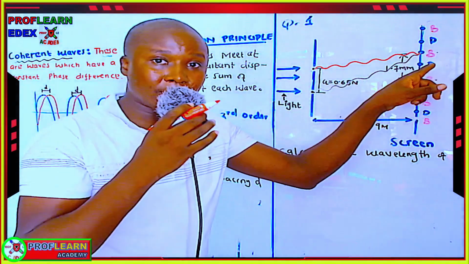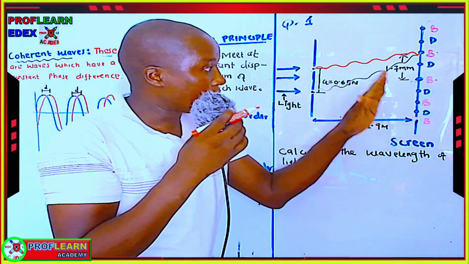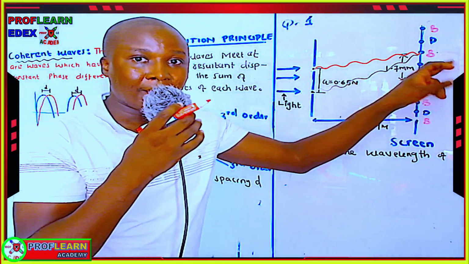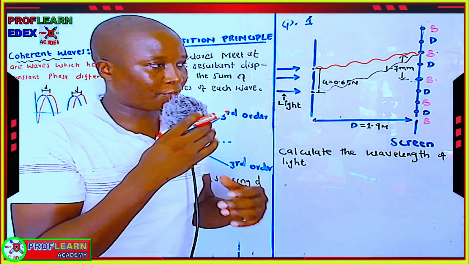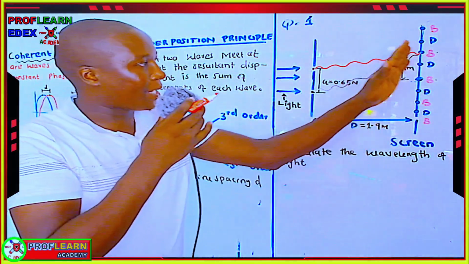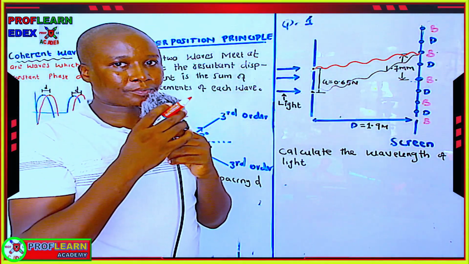If they meet in phase, they are going to interfere constructively, and a bright fringe is formed. In that way, we are going to have a pattern of bright and dark fringes.